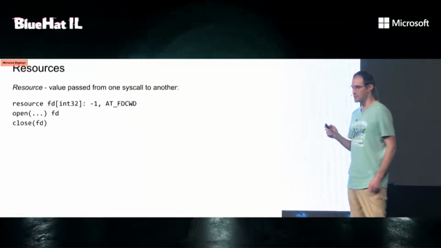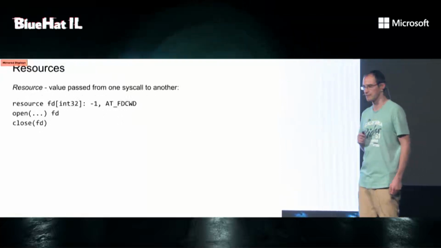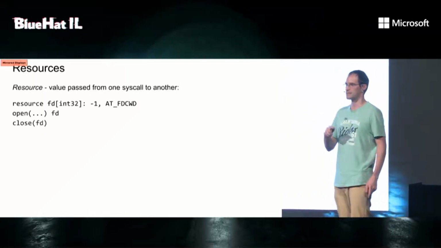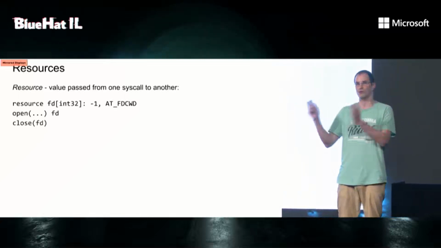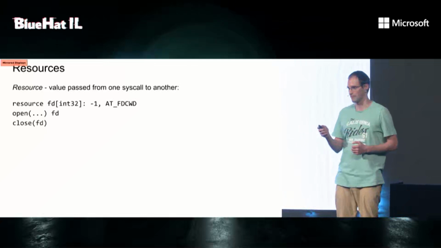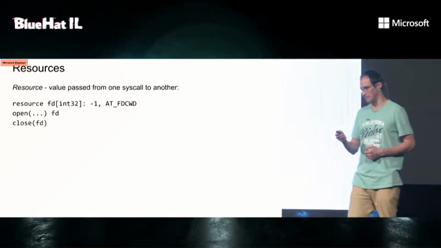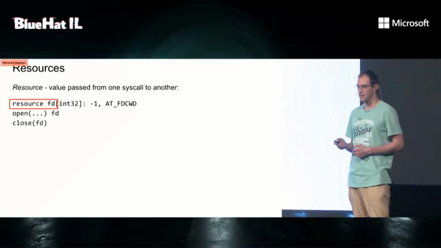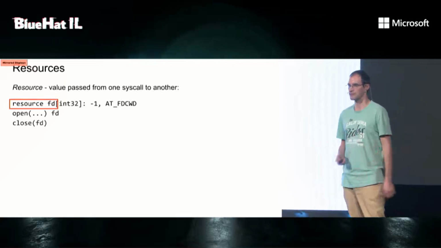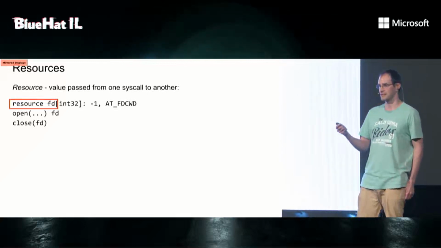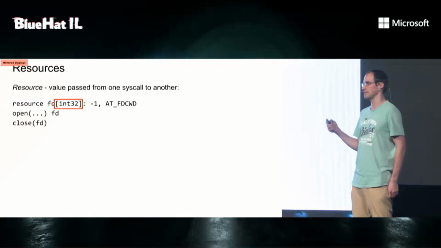Okay, let's look at other features. One of the main features is called resources, and resources are something that we need to pass from the output of one system call to the input of another system call. The best example of this is a file descriptor. The language allows you to describe this. You say that there is a resource called fd, and the base type for it is an int32.